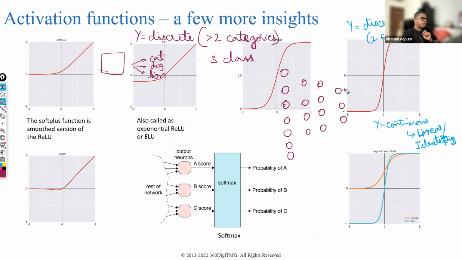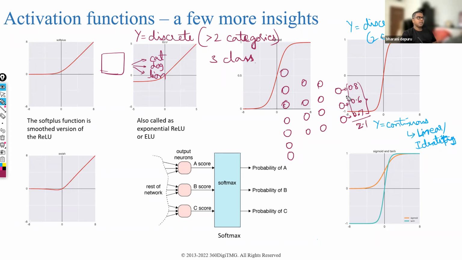But the outputs that you get here, say you got a value as 0.8, 0.6, and 0.7. When you add all these values, you get 2.1. What is the rule of probability? The rule of probability is that when you add all the values, it should be equivalent to 1.